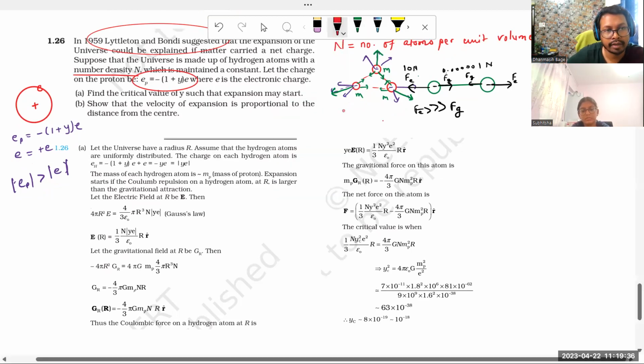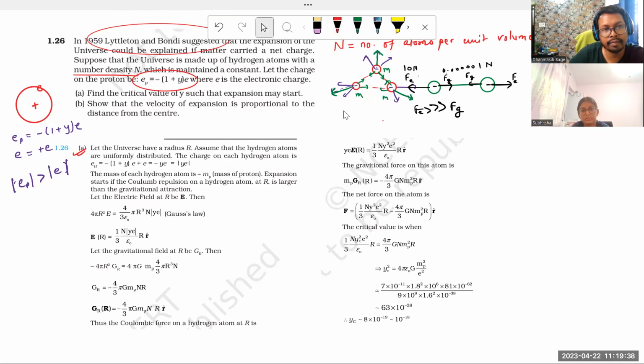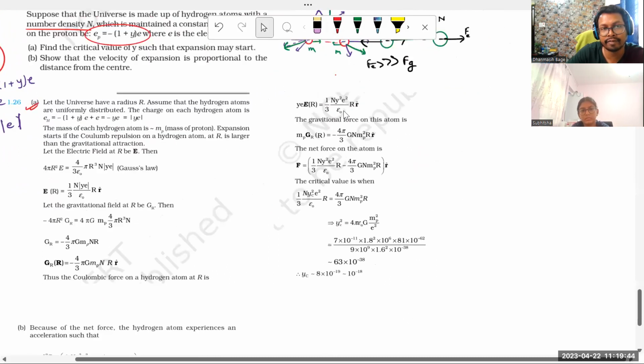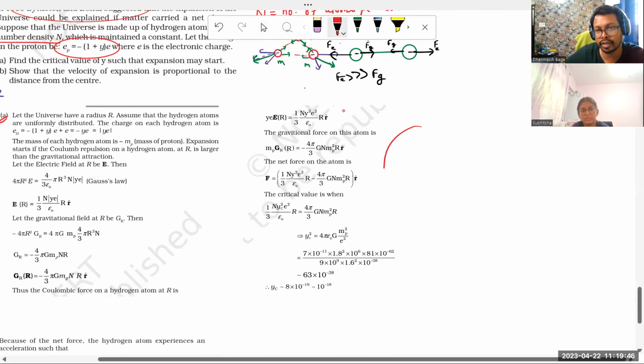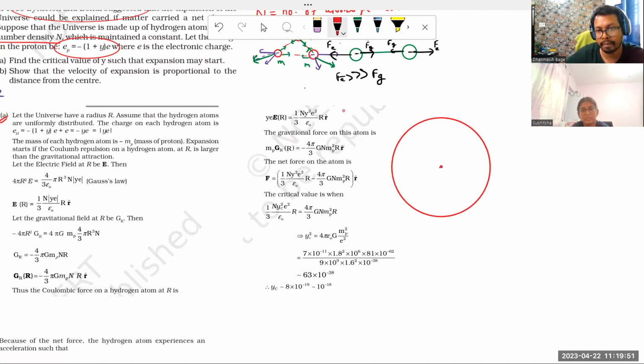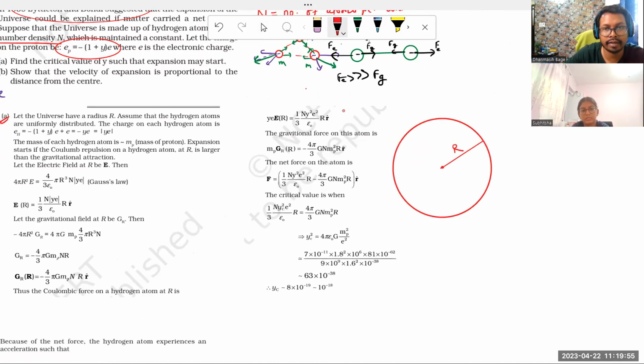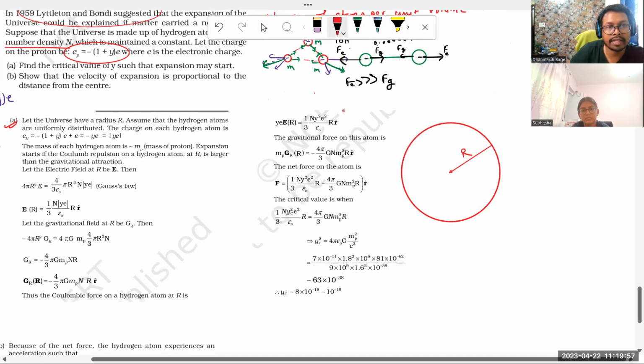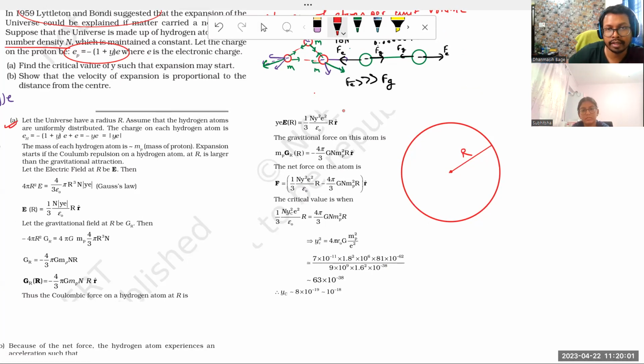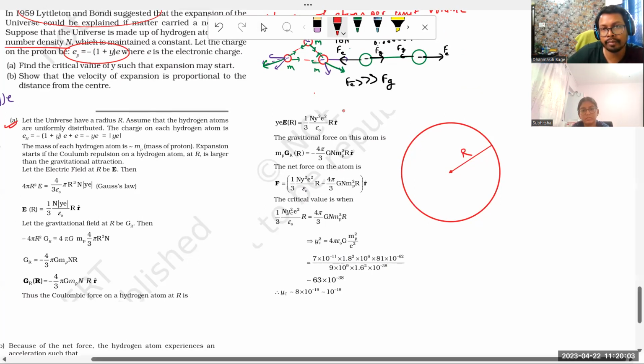Now you can understand. First thing, let the universe have a radius r. So they imagine that this universe is spherical, of radius r. Assume that the hydrogen atoms are uniformly distributed, and uniform distribution means what?